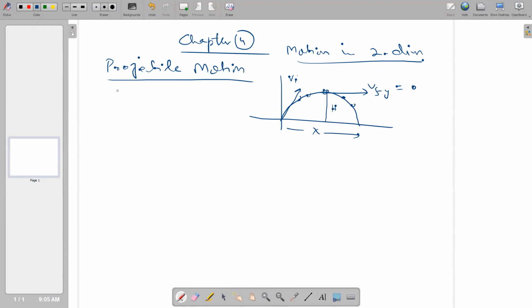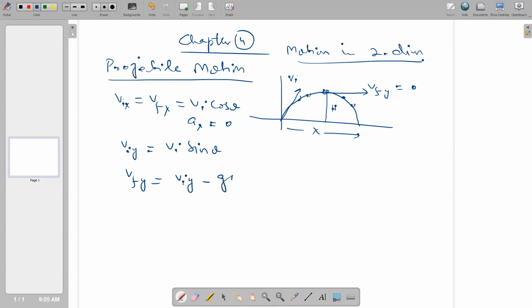Last time we used some kinematic equations: Vix is equal to Vfx is equal to Vi cos theta, and ax is equal to 0. Then we used Viy is equal to Vi sin theta, and Vfy is equal to Viy minus gt.